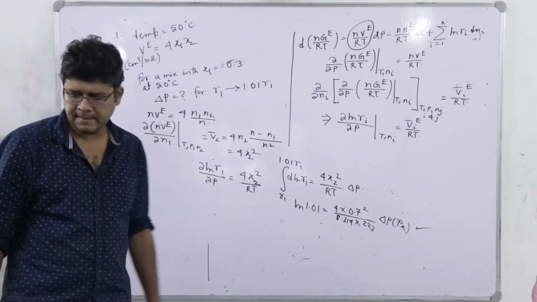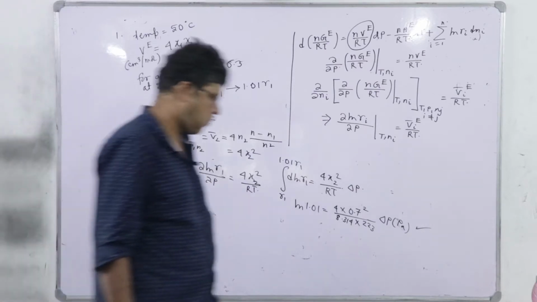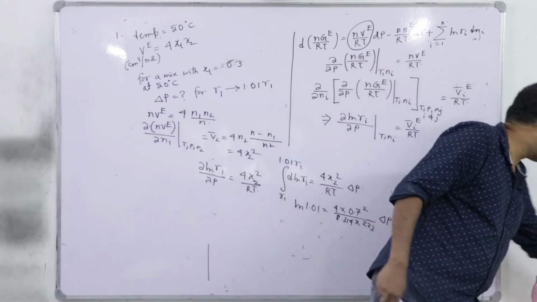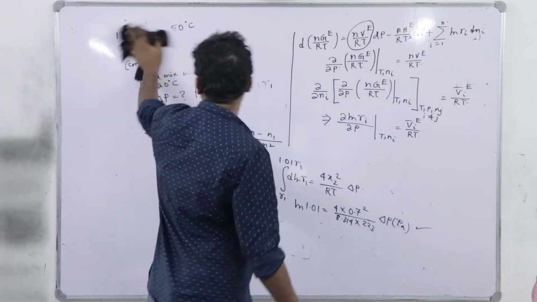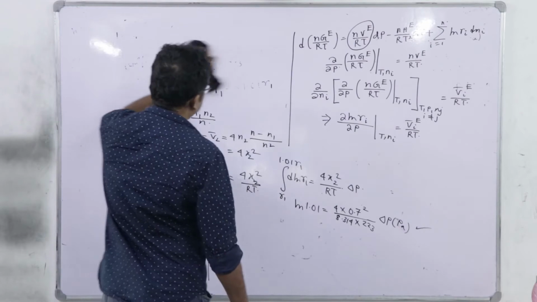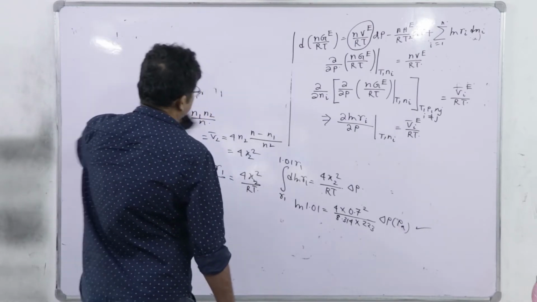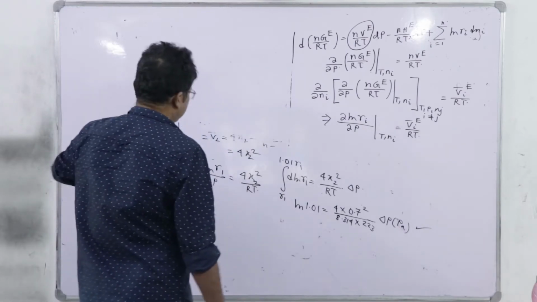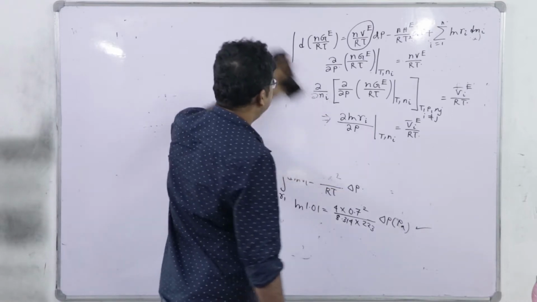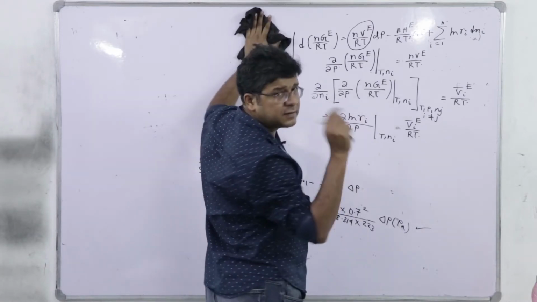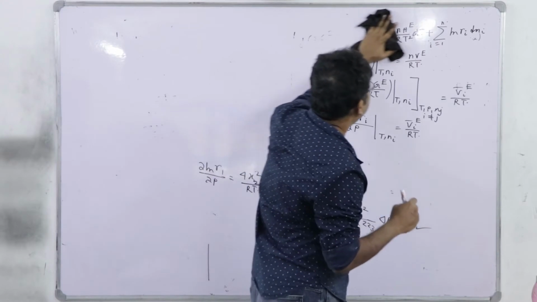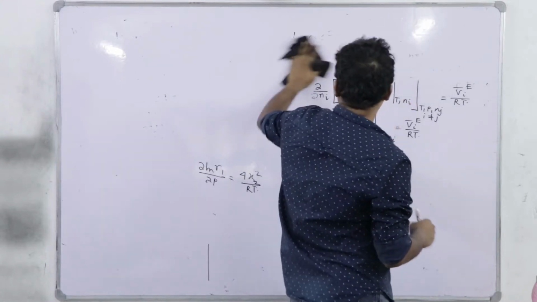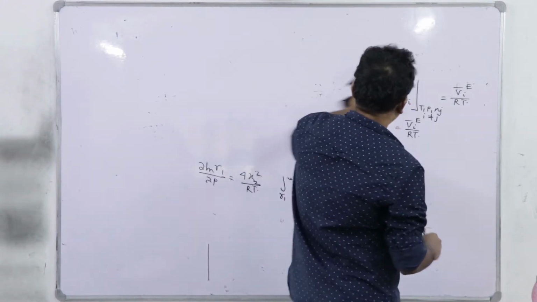Okay. So that is quite an interesting problem, because we are using here a relation which is not so straightforward. It is not a mainstream relation which we are habituated with.